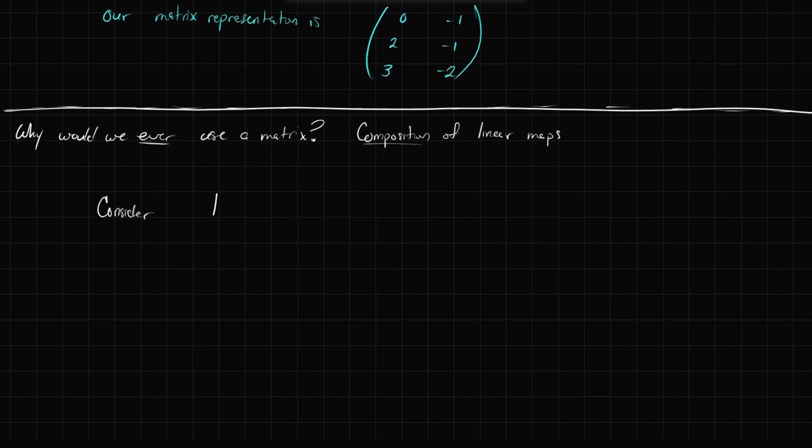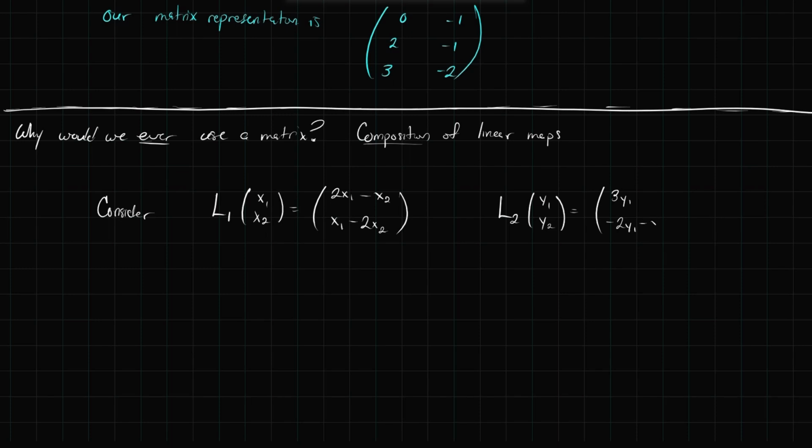Consider L1, a linear map, which takes x1, x2 to 2x1 minus x2, x1 minus 2x2. And let's consider L2, which inputs, let's say, y1 and y2 now, and it outputs 3y1, and negative 2y1 minus y2. So those are two linear maps.